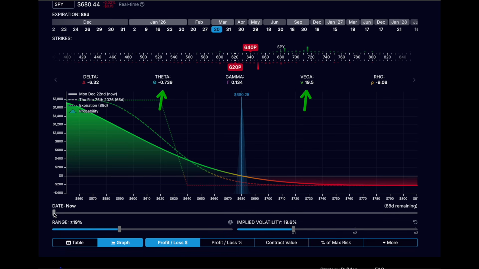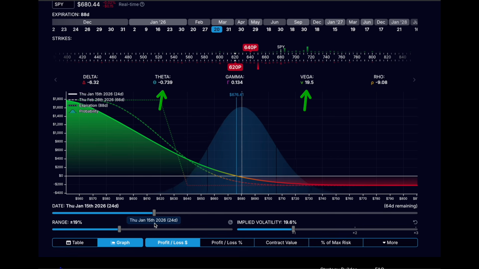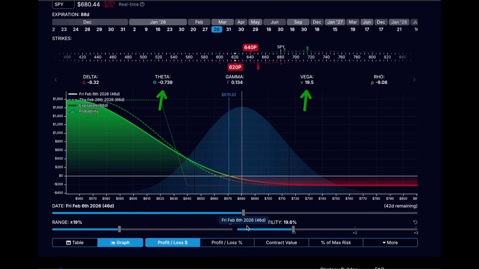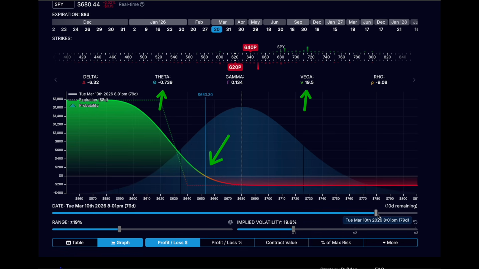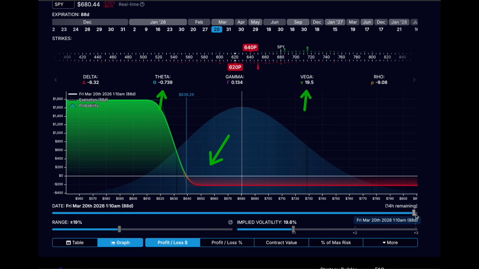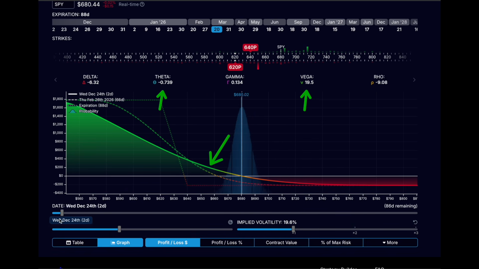So now let's go ahead and move the slider to the right and just watch that T+0 line. And we can see here that the position does sag a little bit as time moves on. But the effects of time are much less dramatic compared to a long put.